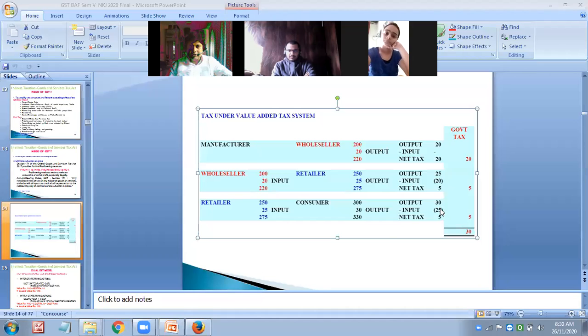So my eligibility of tax credit is 25. So I am going to pay only 5 rupees. And that is very correct, because he has again made a value addition of only 50 rupees, and 10% of 50 rupees is 5.